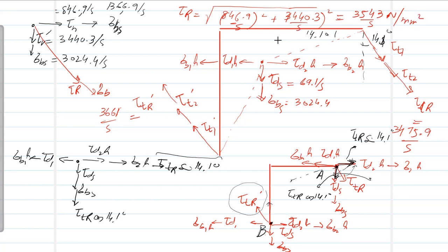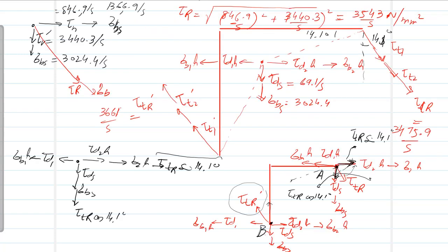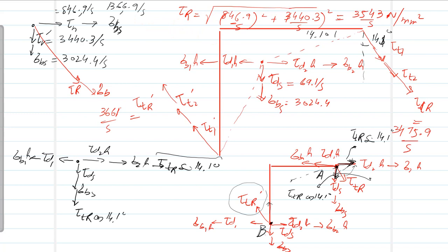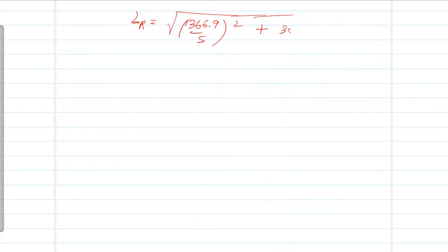The resultant of the bending stress, which is called sigma r, is equal to the square root of both: sigma bs, which is 1366.9 divided by s, square, plus 3024.4 divided by s, square.